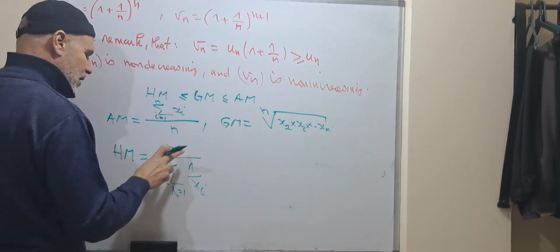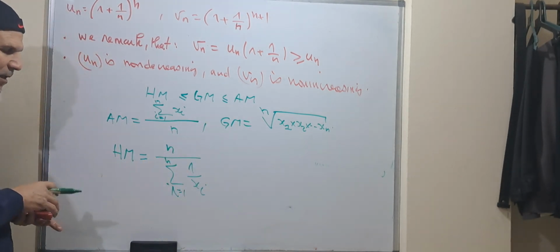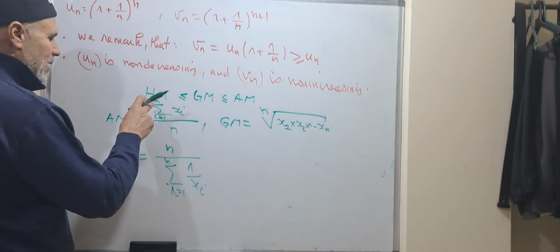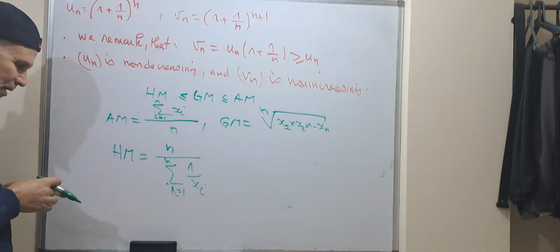Here and here we need to suppose that the xi are positive, but for the arithmetic mean this doesn't matter.